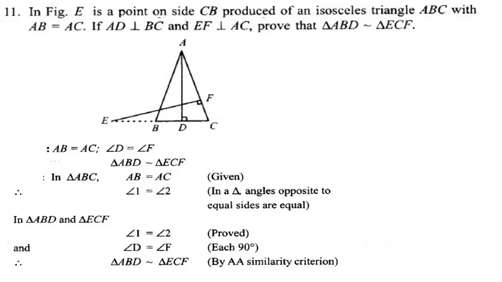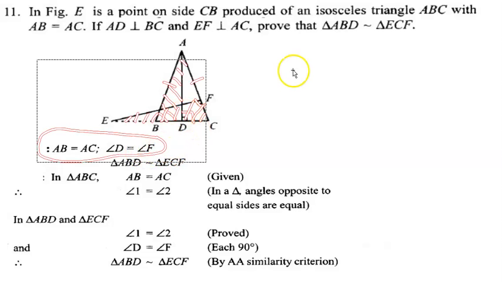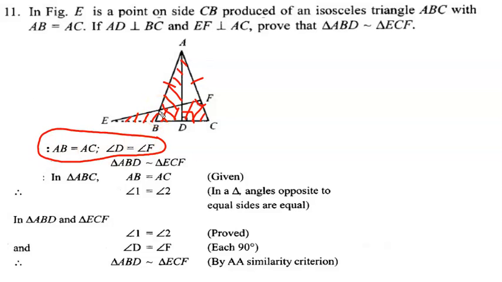So now students, we start here. Now in this case what we find, AB is equal to AC and angle D is equal to angle F. So it is given to us, and then what we have to prove here is that triangle ABD and ECF are similar.